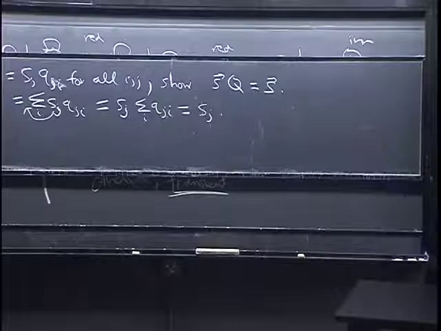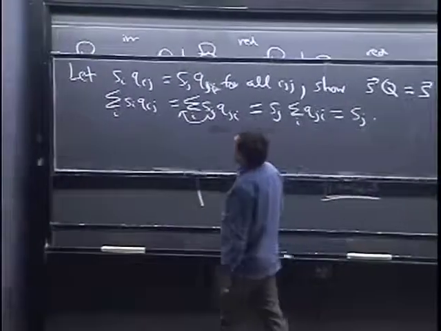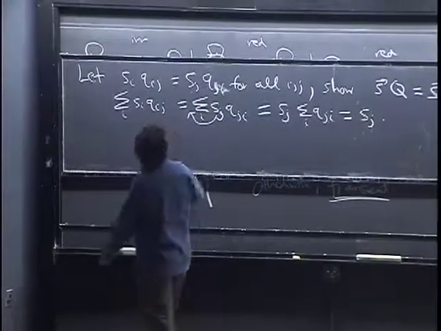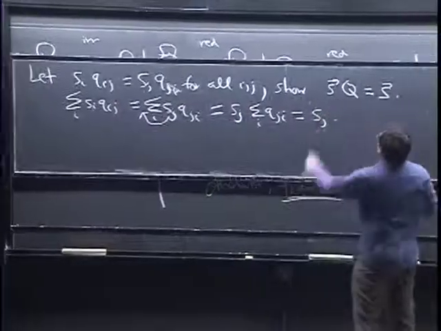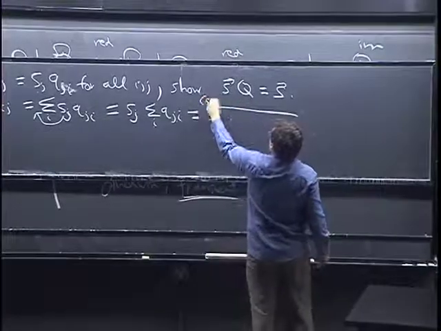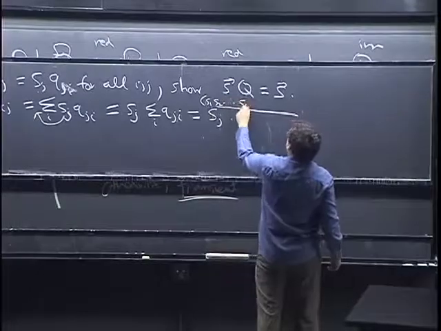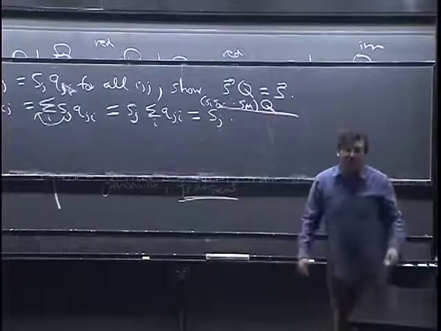Okay, now if you think about what this equation means in terms of matrices, we're taking S and writing it out as a row, S1, S2, and so on up to Sm, and multiplying by Q. How do we actually do that?